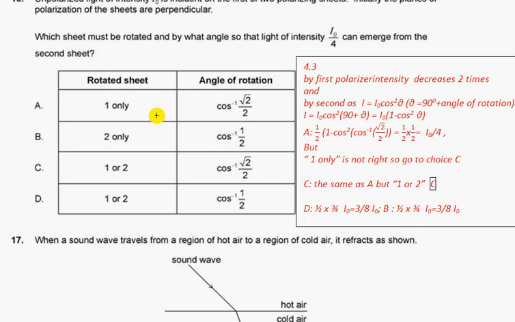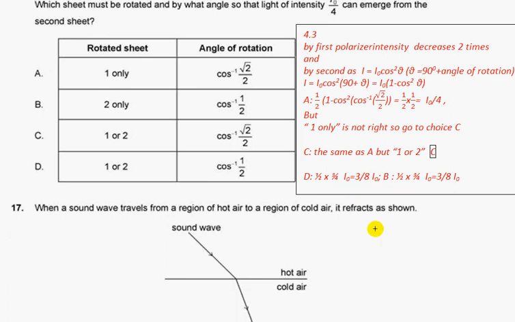Why not second? Also we can rotate either 1 or 2. So we go straight from A to C, which has the same angle, but it gives us more choices, 1 or 2. So we choose C. If you are interested in D and B, you will get 3 over 8.